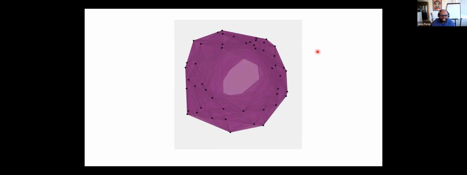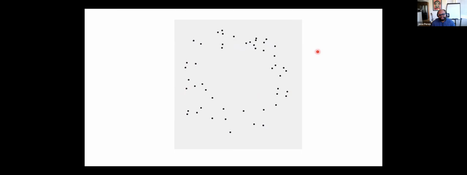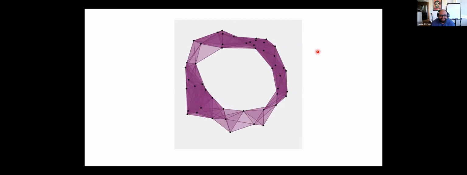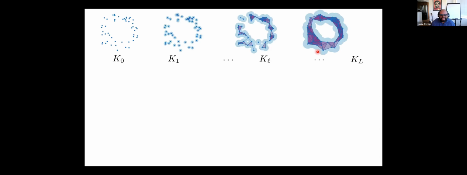So again, the name of the game is going to be, let's take our data set, join things that are close with edges, triangles, tetrahedra, and so on, and see the evolution of topological features such as the Betti numbers and the cohomology.